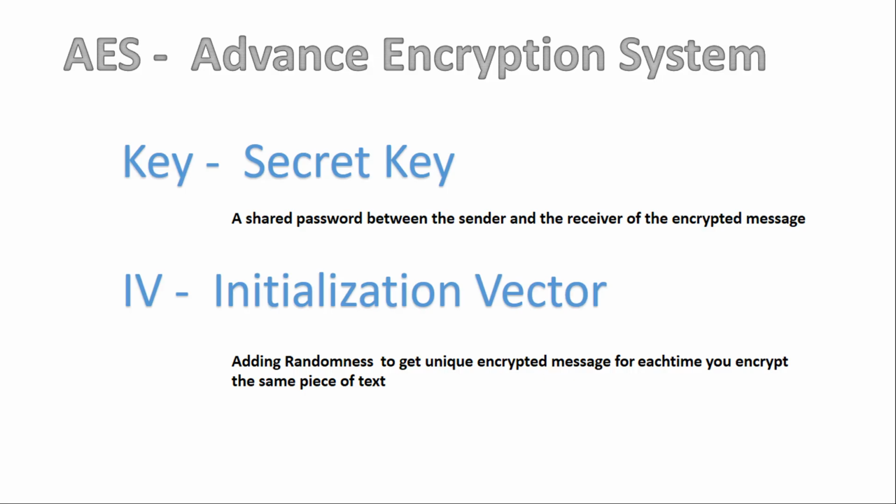Right? Without an IV, encrypting identical data with the same key would always produce the same encrypted text. This predictable pattern could be exploited by attackers to potentially break your data, right? So IV introduces an element of randomness, making the encryption process significantly more secure. Okay, that's it.